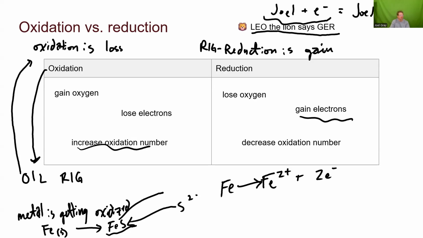So I'm more negative. When you gain an electron, you get something that's more negative. Whenever you lose an electron, you become more positive. So that's an increase in your oxidation number. I'm sorry, I was saying that you become more positive, whereas with a decrease in your oxidation number, you become more negative. Now, to illustrate this, I've got a poll question that I'm going to pull up here.